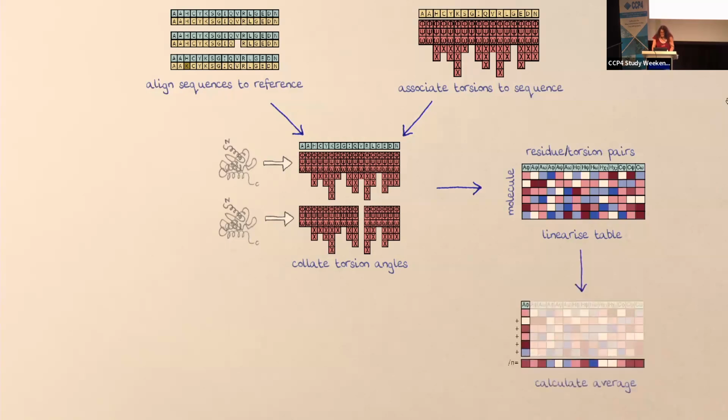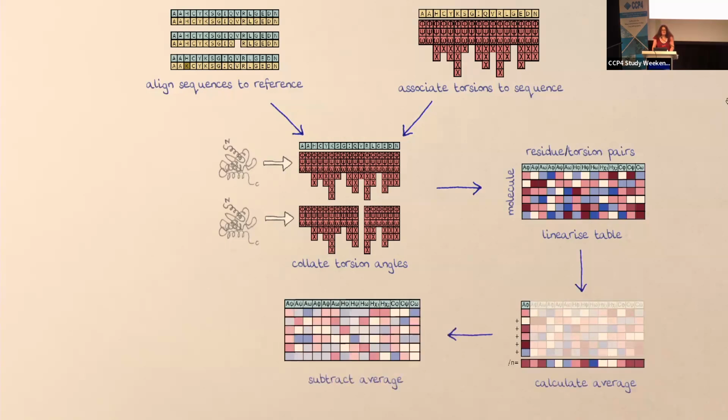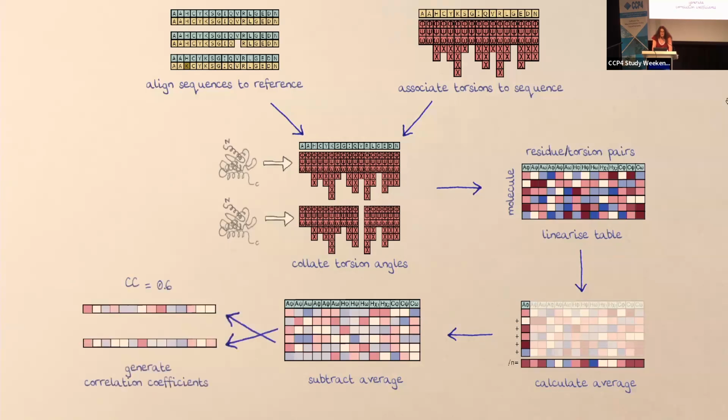We can take the average of this table and subtract it, and this leaves us a little fingerprint. So this is how each protein conformation is varying with respect to the average. And we can take the rows of this table and calculate correlation coefficients, which means that we can say, do these two proteins have similar conformations, or are they drastically different?